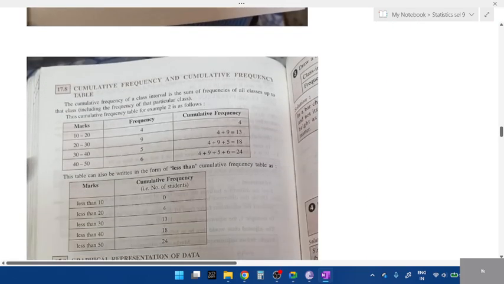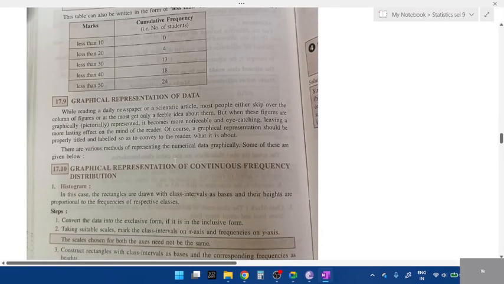Next, cumulative frequency and the cumulative frequency table. Before that, we'll solve a few questions. After that, we'll get back to this.